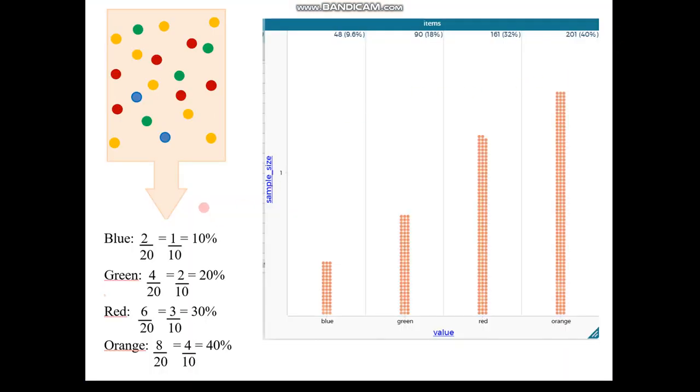So we can say that these ones that we calculate are theoretical probability. And these ones, here you see the percentages, are experimental probability.